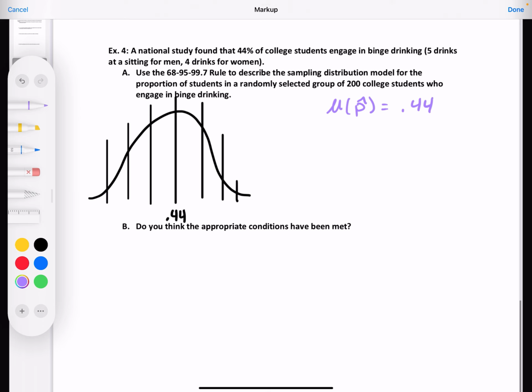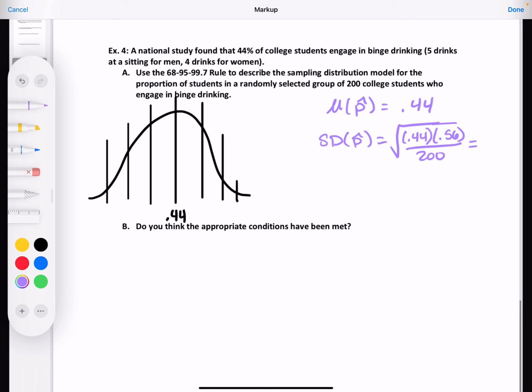Okay, standard deviation of p hat is the square root of 0.44 times 0.56 divided by 200. So success times failure divided by the total number of people in the sample.